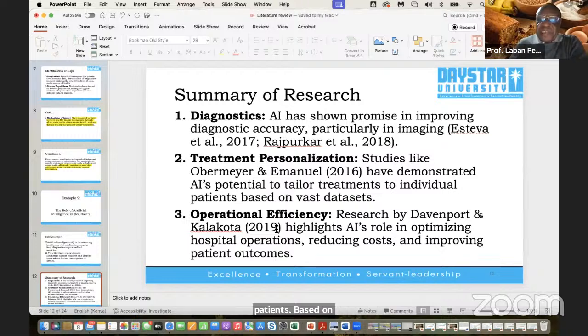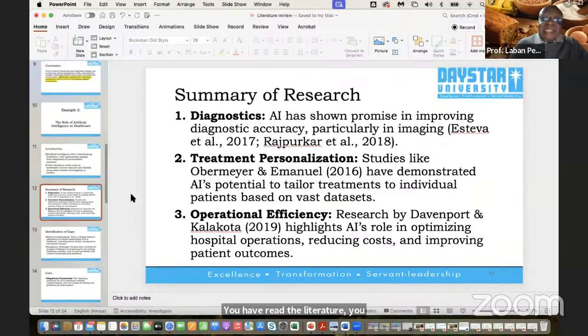And then operational efficiency, research by Davenport and Kalakota 2019 highlights artificial intelligence's role in optimizing hospital operations, reducing costs, and improving patient outcomes. You have read the literature, you are able to summarize, and these will be the subtopics in your literature review if you are doing this topic.